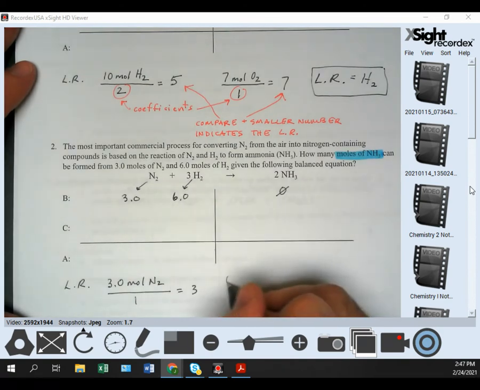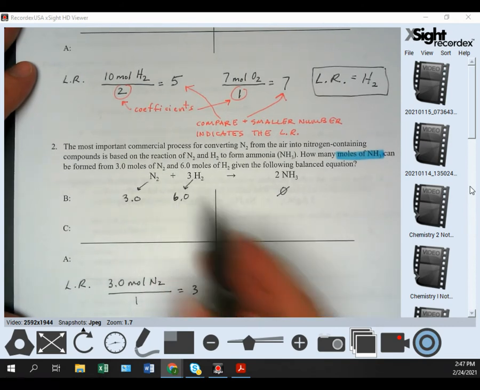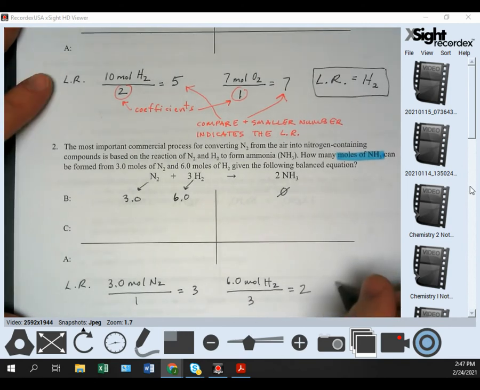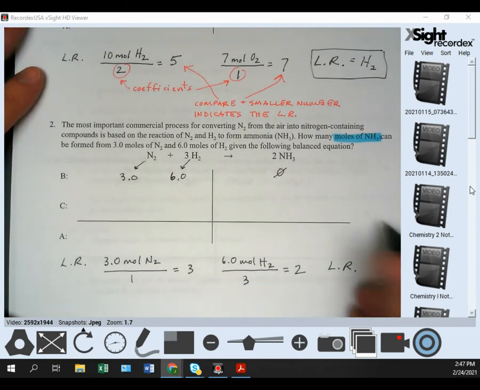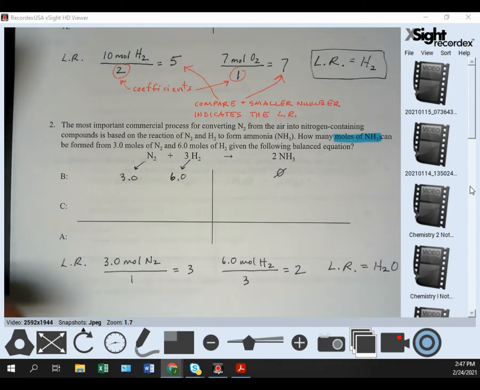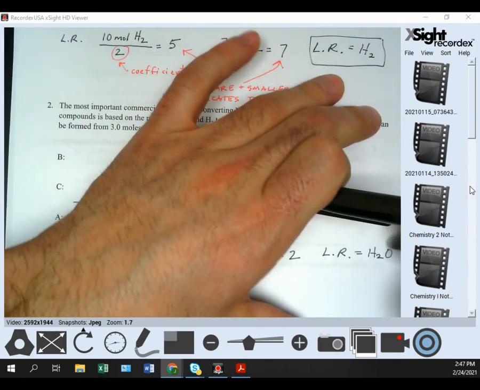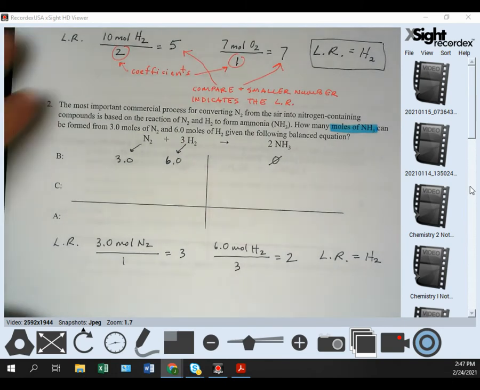So 6 moles of H2 divided by my coefficient in front of the H2, which is a 3. So what's my limiting reactant? H2. So you compare these numbers. The smaller one is the limiting reactant. So H2 is what runs out first. Everybody okay? Oh, not H2O, just H2. All right. Everybody okay so far?